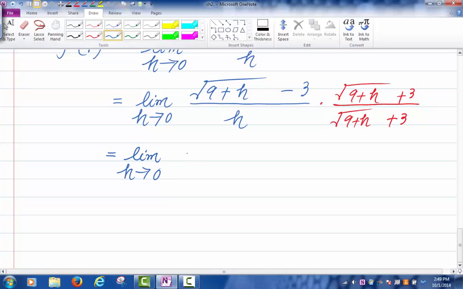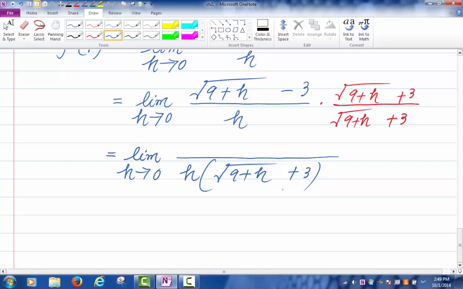And if we do that, what am I going to get in the numerator? In the denominator it will be h times the root of 9 plus h plus 3. In the numerator, when I multiply out, I'm going to get the square of this minus the square of that. Just FOIL it, simplify it. What is the square of 9 plus h? 9 plus h. What's the square of 3?